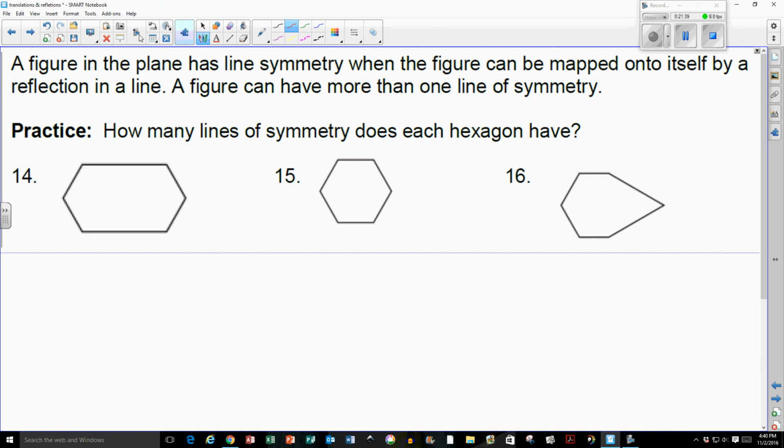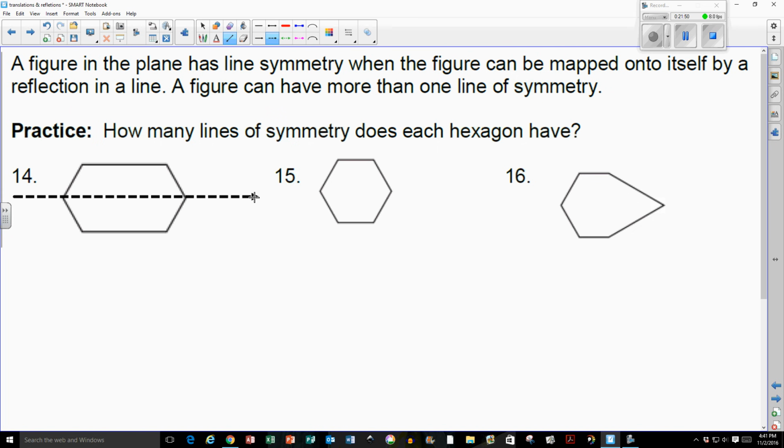All right, so lines of symmetry are basically how many lines do we have that will allow you to cut this thing. So I want it to be cut evenly, so I can flip it there. This point matches with this one, and then I can cut through here.